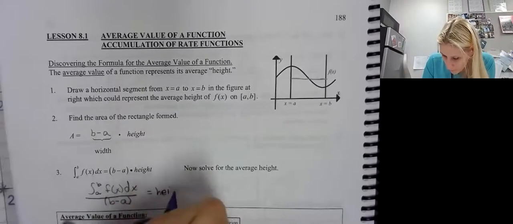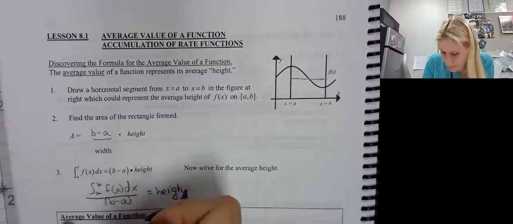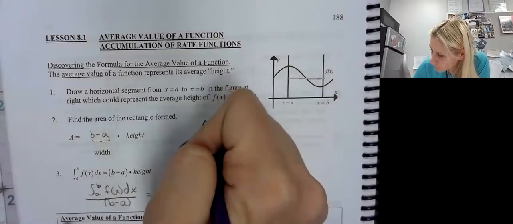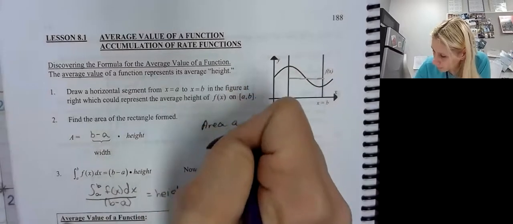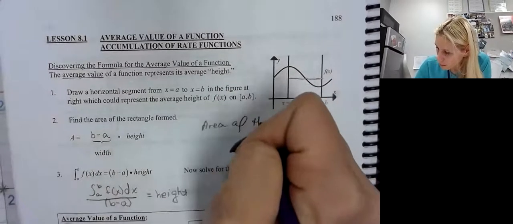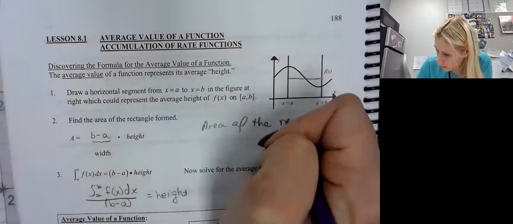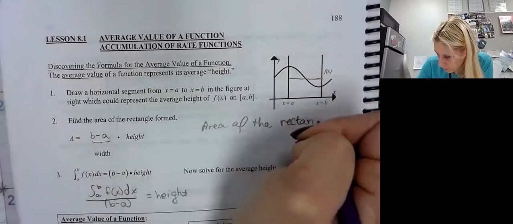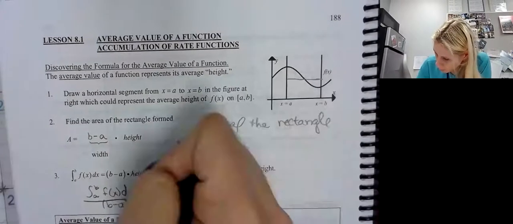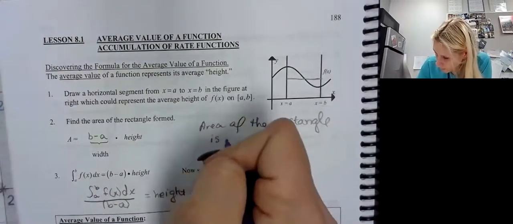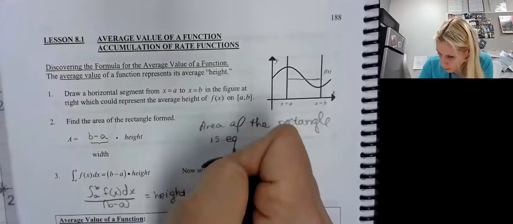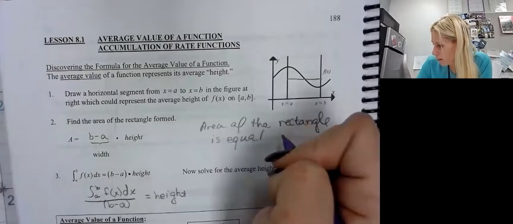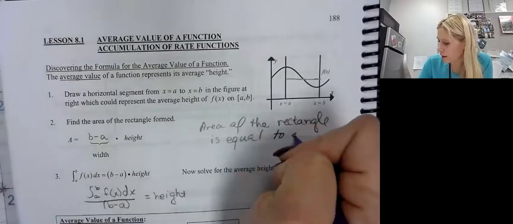So I might go back here and put a little note so you have this in your notes, that the area of the rectangle is equal to the area under the curve.